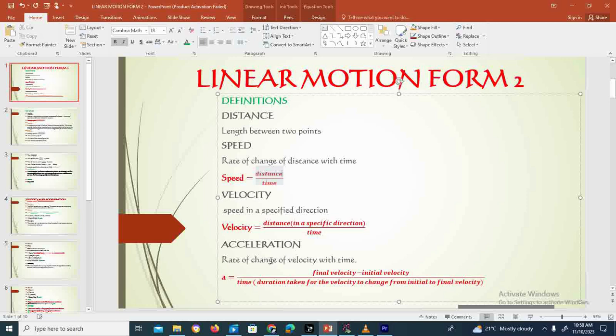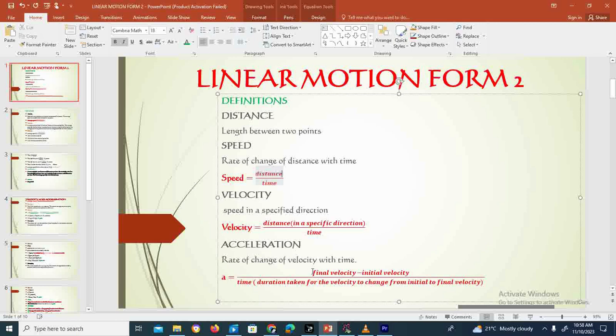To get this acceleration, you need to get the change in velocity, which is obtained by getting the final velocity attained minus the initial or the starting velocity. Then that difference is divided by the duration in which the velocity changed from initial to final. That will give you acceleration.